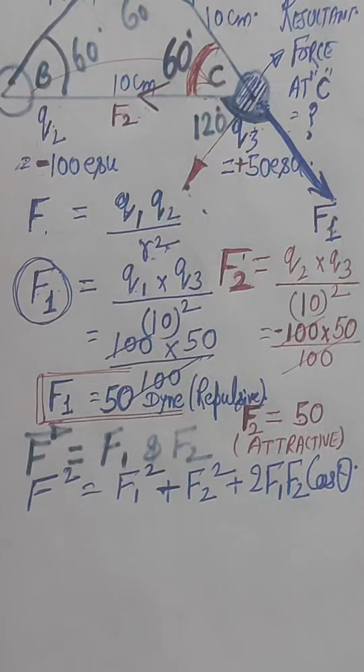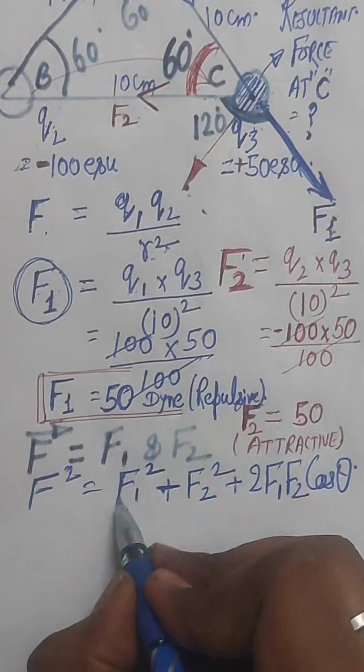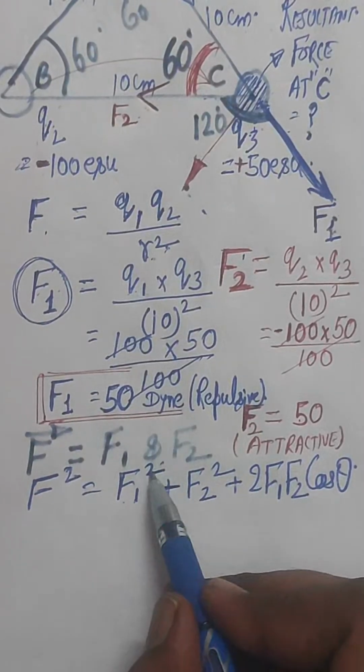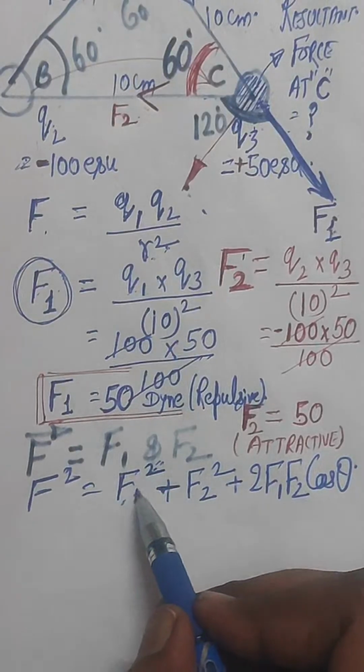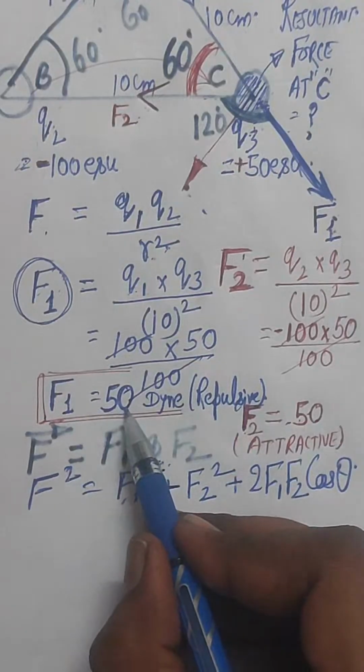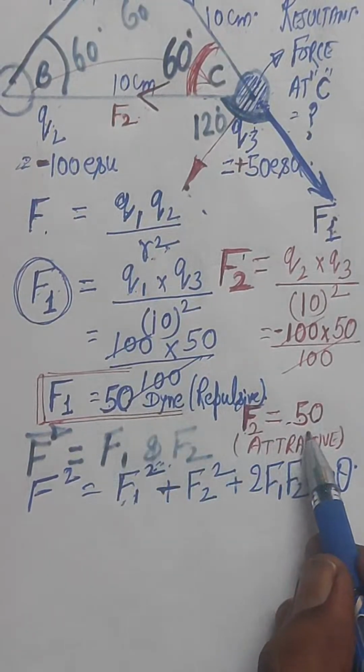Now here you can see the magnitude is calculated over here, right? So the magnitude of F2 is 50, F1 is 50, though it's plus 50, it's minus 50.